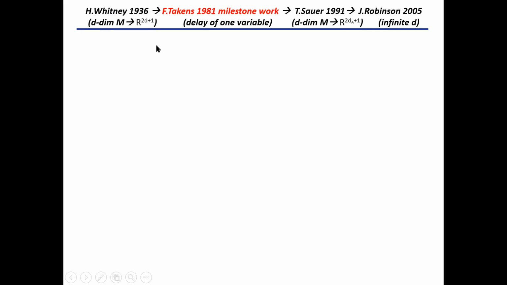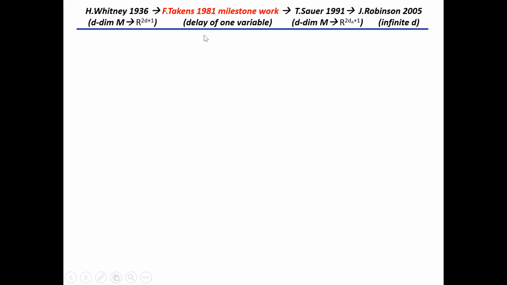We can trace it back to 1936, first raised by the mathematician Whitney, who proved that a manifold of dimension d can be represented in the 2d+1 Euclidean space. That is a very important work, but it's very difficult to use.